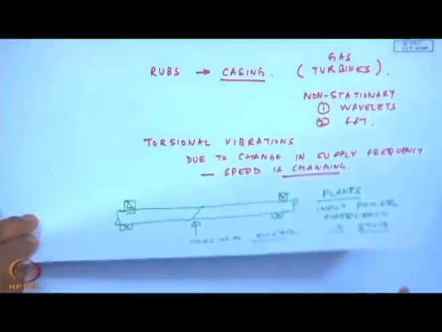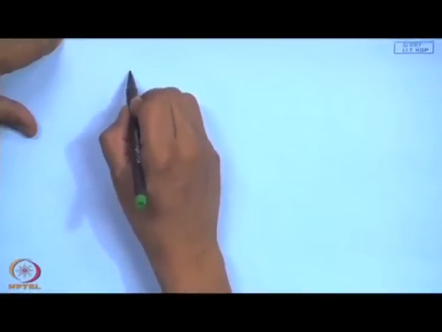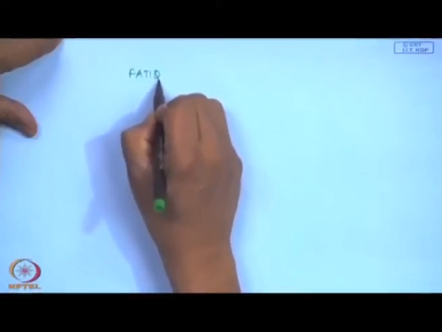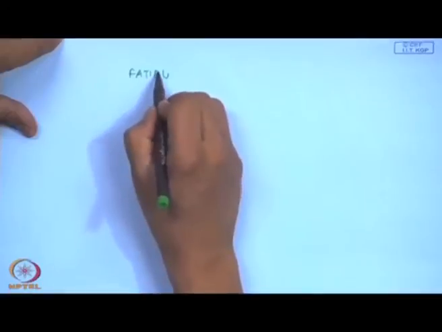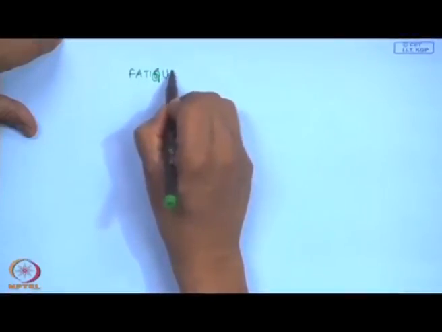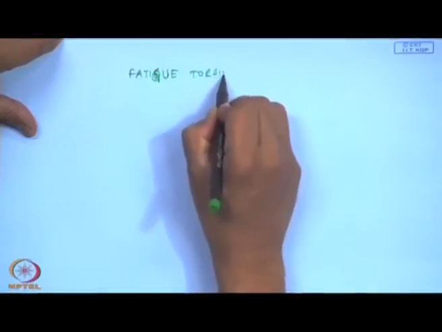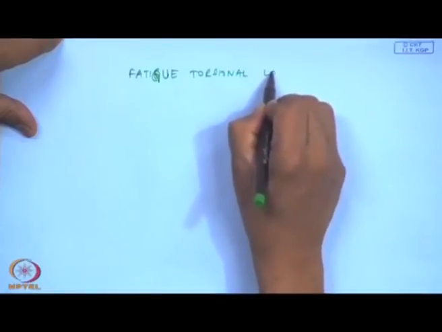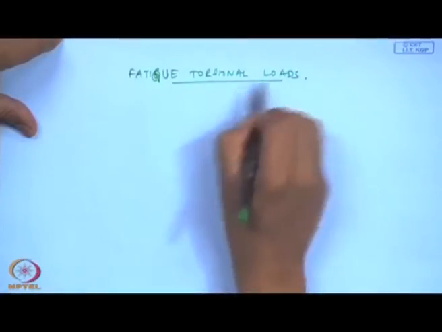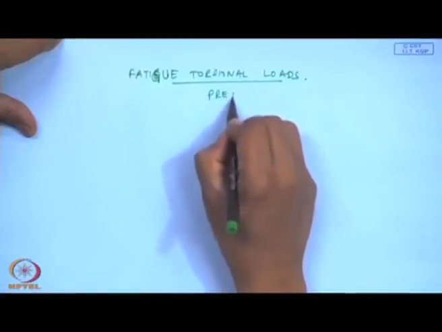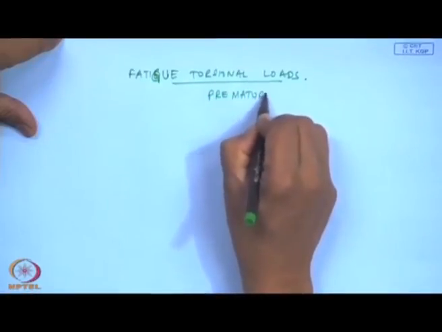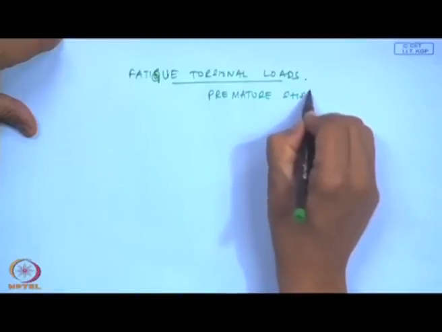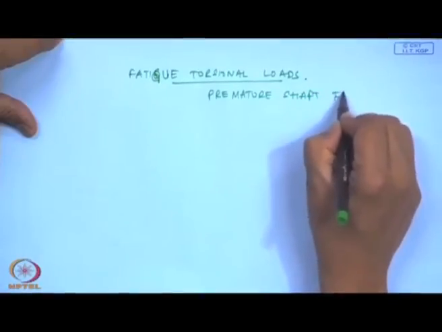Sometimes this falls, but then again if they decrease, this will give rise to speed fluctuations, and these speed fluctuations will introduce fatigue torque, torsional loads, and lead to premature shaft failure.